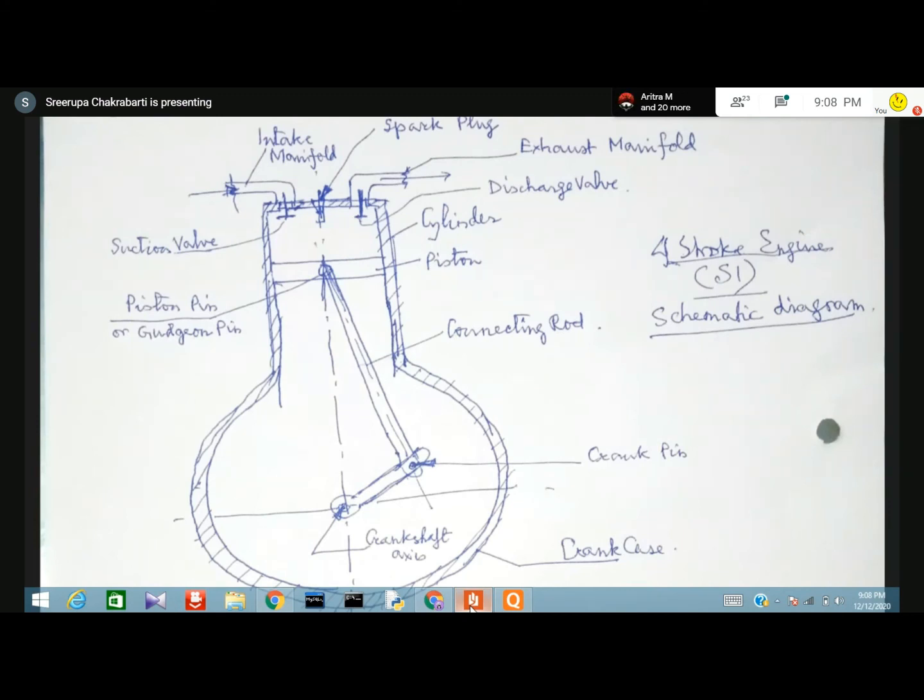The reason is that if we increase the compression ratio beyond the range of 4 to 8, the petrol fuel will have an abnormal combustion, that is called auto ignition or detonation in a petrol engine.